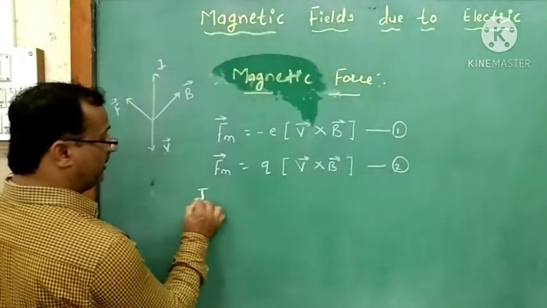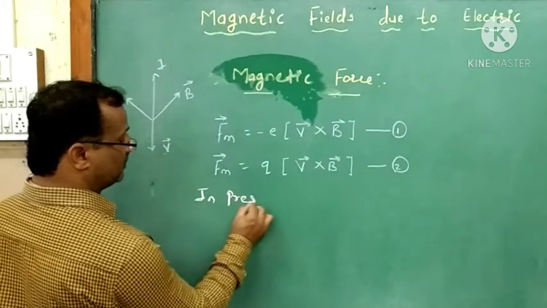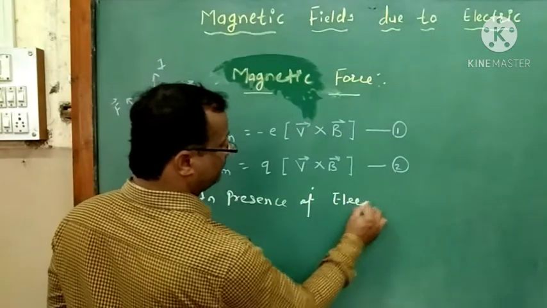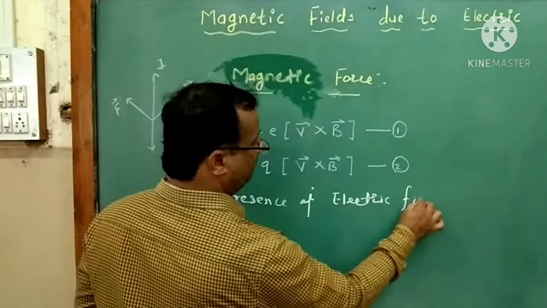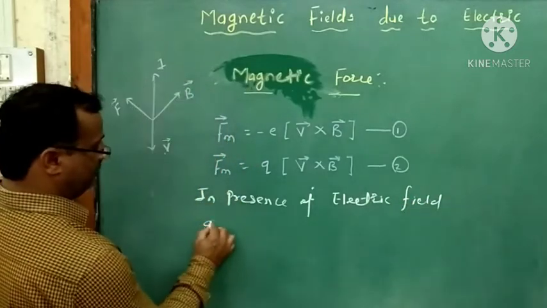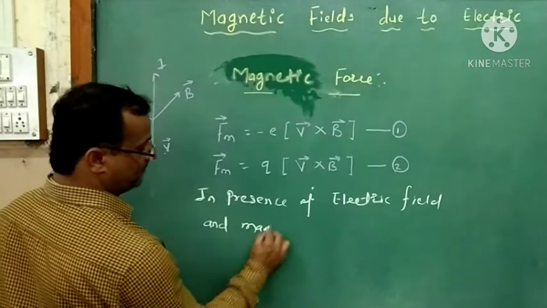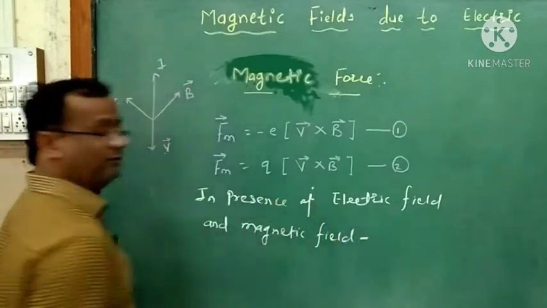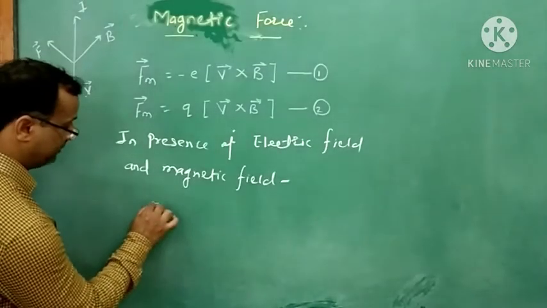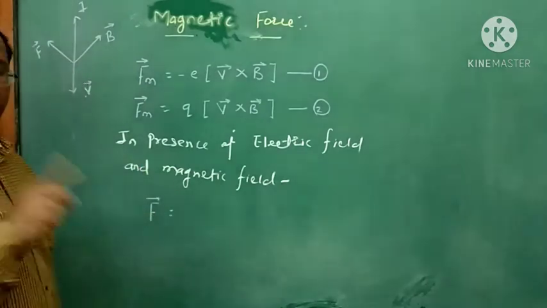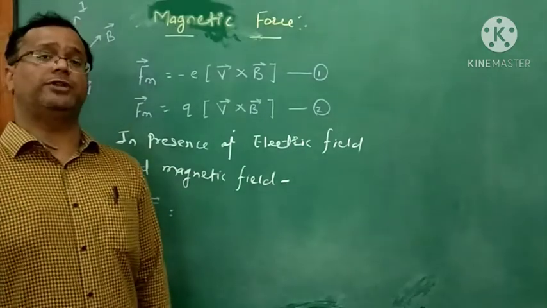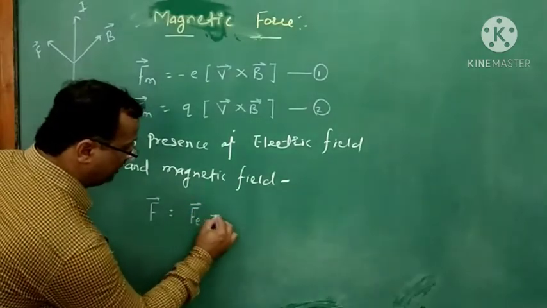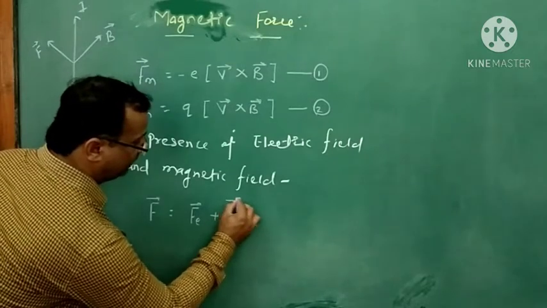In the presence of electric field and magnetic field, the total force F is equal to the sum of the forces the two fields exert on the charged particle, that is, force due to the electric field plus force due to the magnetic field.